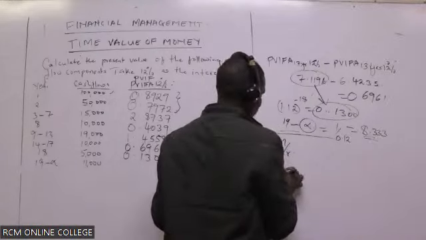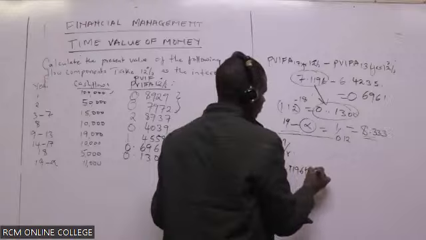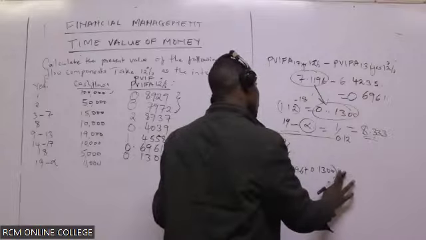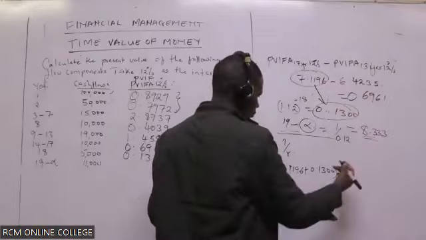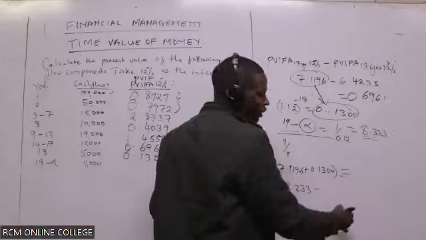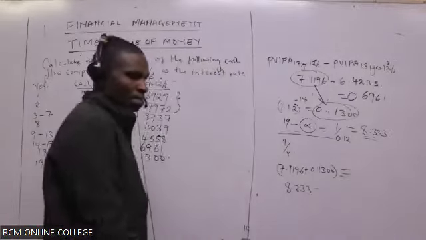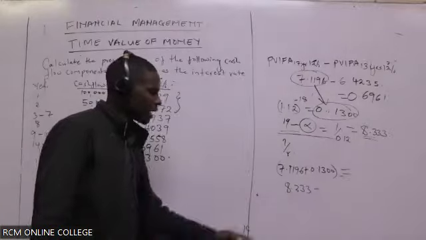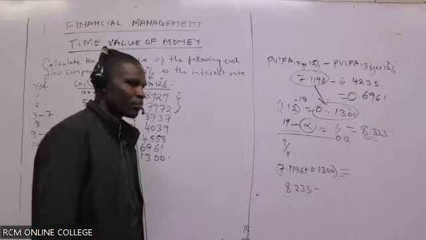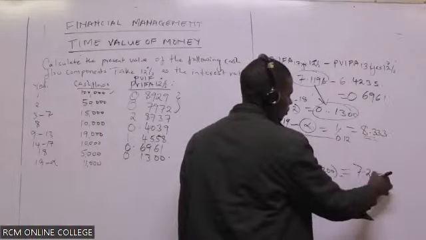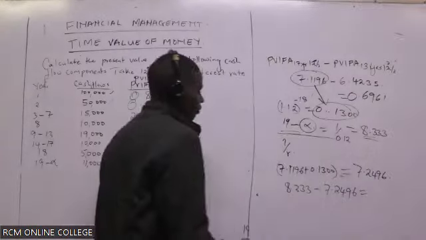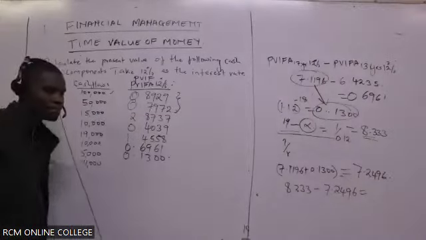So I'll be having 7.1196 plus 0.1300. That one is for 18. You get something, then you say 8.333 minus what you have got. What do we get here? You get 8.333 still here. No, it won't fit. Give me 7.2496. So minus 7.2496. So class, get it there and put it here. How much will it be?